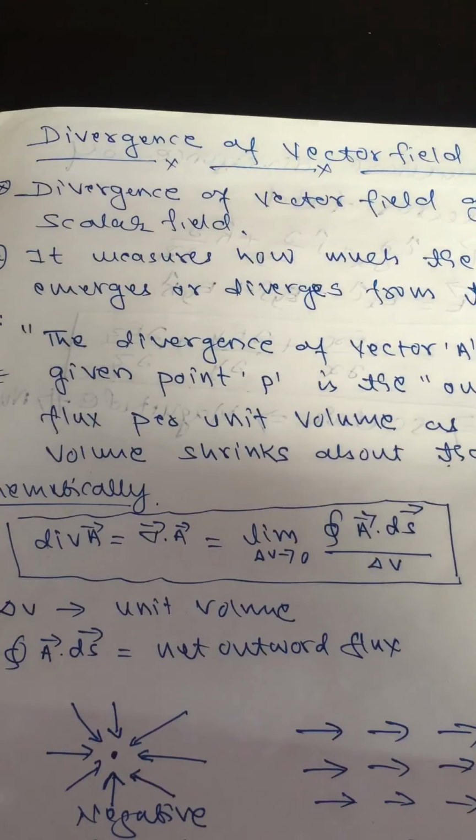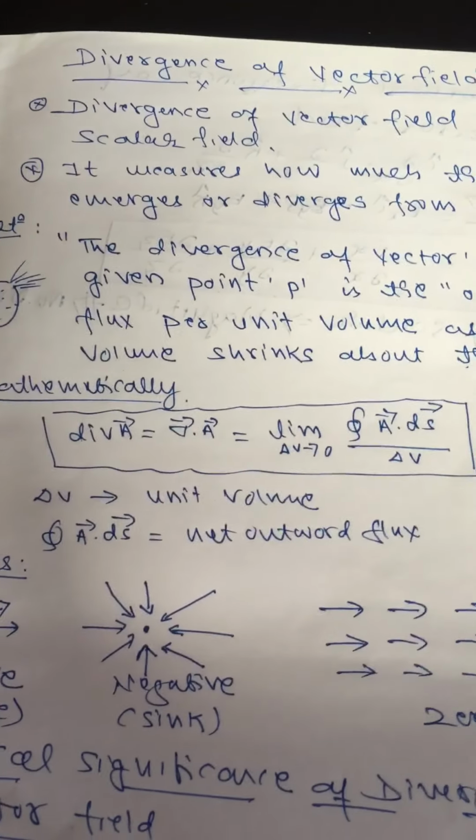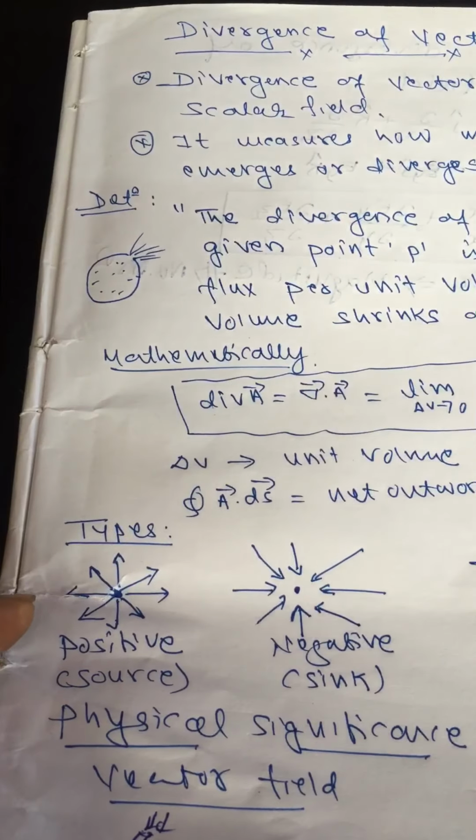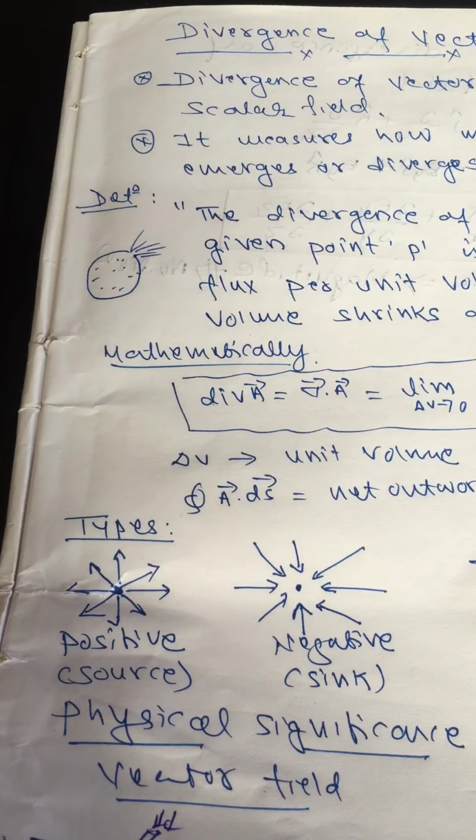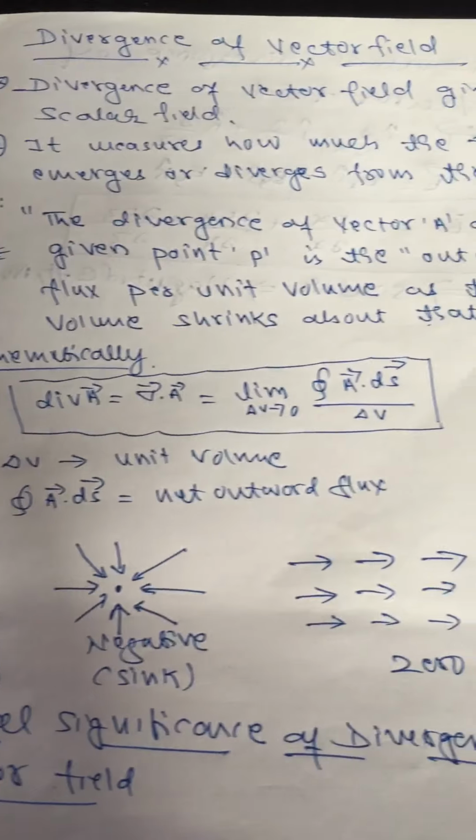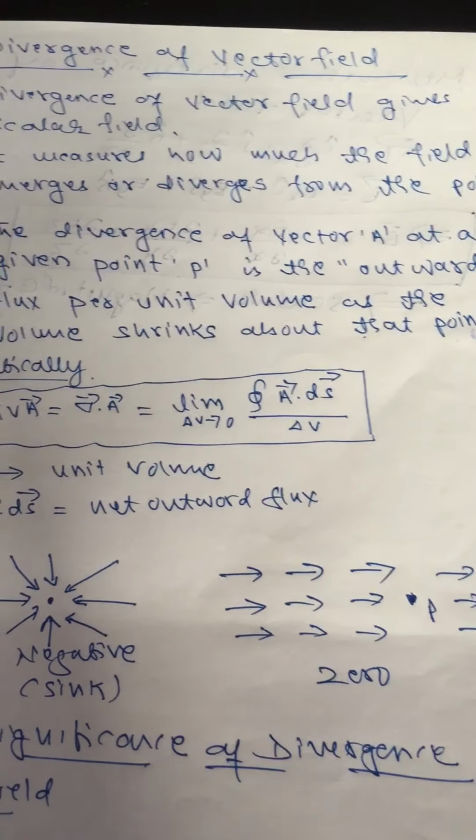Here the amount of field emerges or diverges from the point. There are three types of divergence: positive divergence, negative divergence and zero divergence.